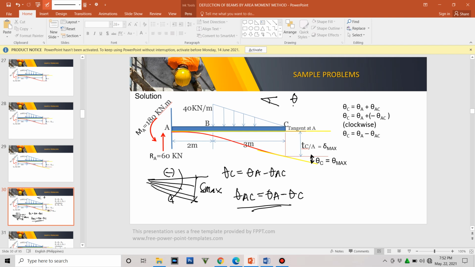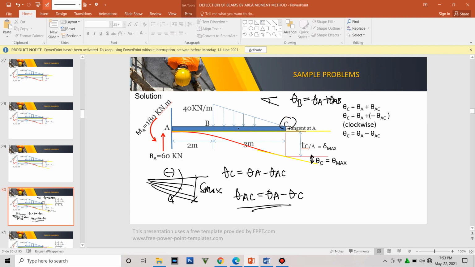So, kung magpa-practice tayo, kung concerned ka sa theta B, theta B is just equal to theta A plus theta AB. So, ganun lang. Pag concerned tayo sa theta C, magsimula ka sa pinaka-left, pinaka-dulo, hanggang makarating ka dun sa point of interest mo.